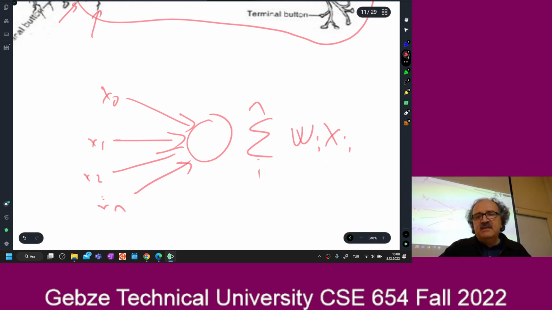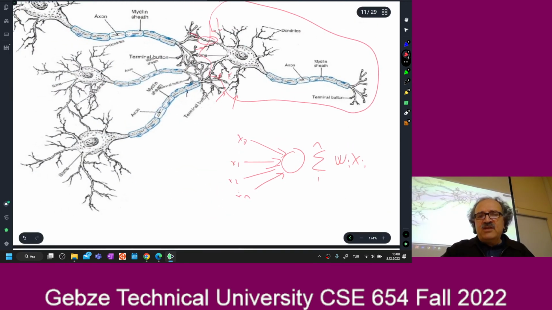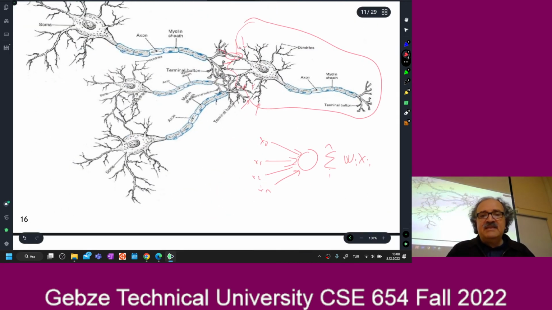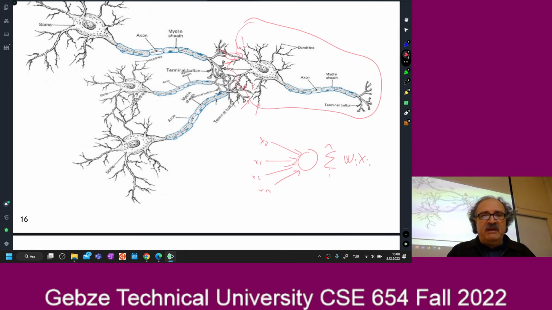Remember, this is my multiplication of the input with the lines. Basically the motivation came from the human brain cells in the 1940s and 1950s. Later, we gave up imitating whatever we are doing in our brain. We said, okay, I'm going to formalize it this way. The main motivation was from the brain cells, but later, for the upper level structure of these neural networks, we don't follow the human brain much.